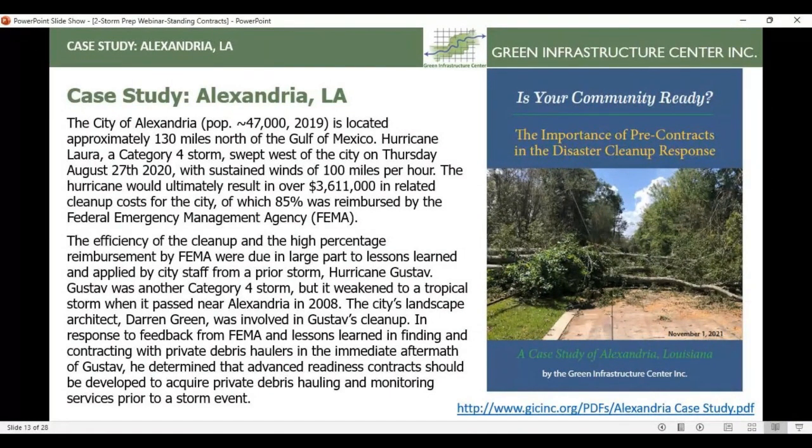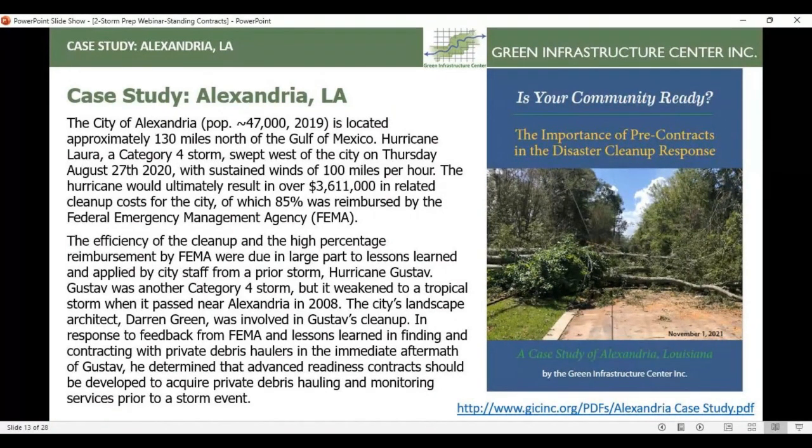And then FEMA showed up. They started on what they call a project worksheet, which is basically a task that they go through before they reimburse you for your costs.